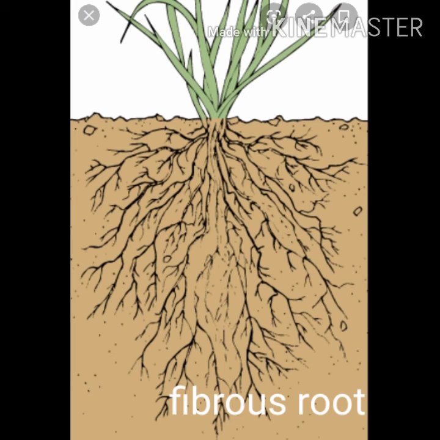The root system with a thick, main central root is the tap root, and this kind of root system is called a tap root system. In grass and others, all the roots are alike, and this kind of root system is known as the fibrous root system. So the two types of root system are the tap root system and the fibrous root system.